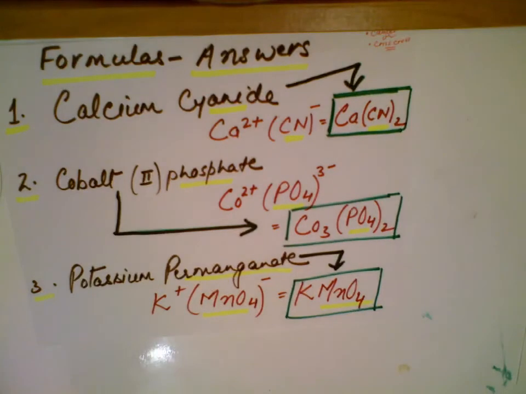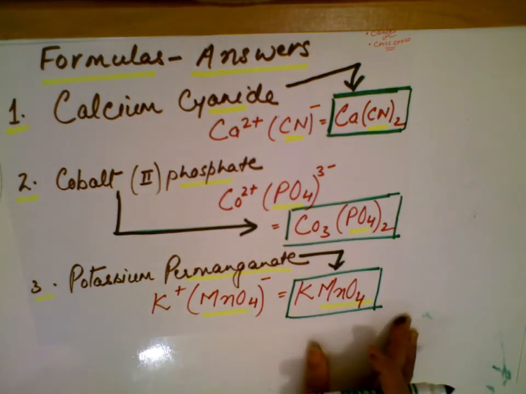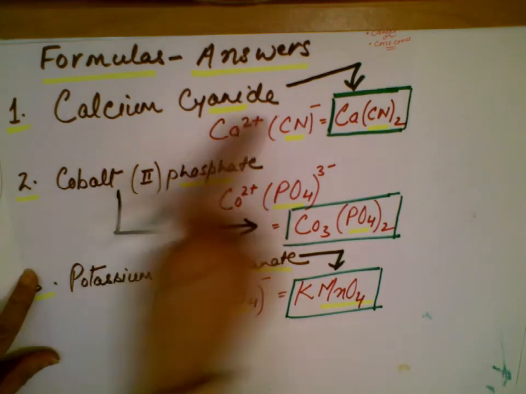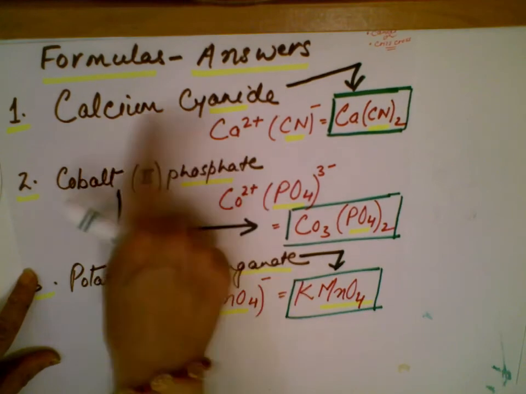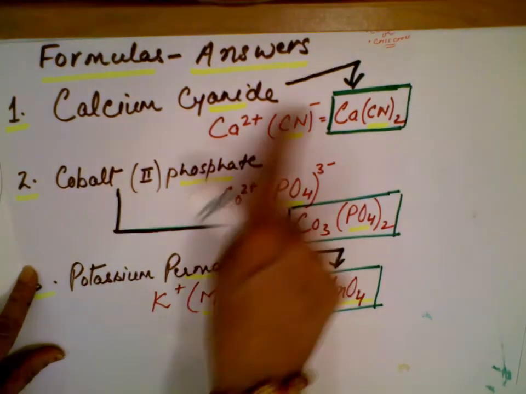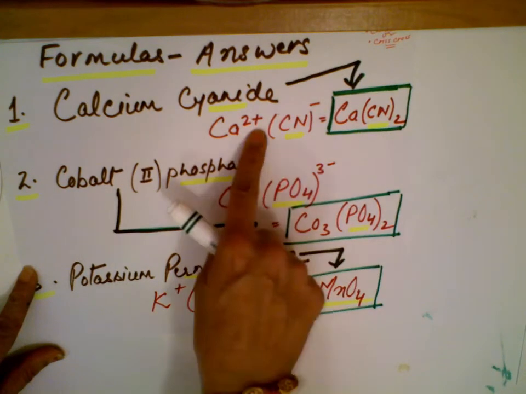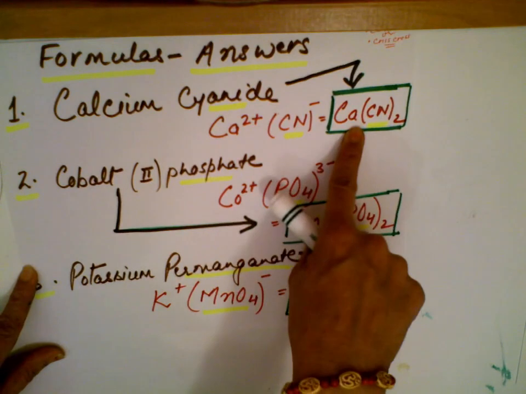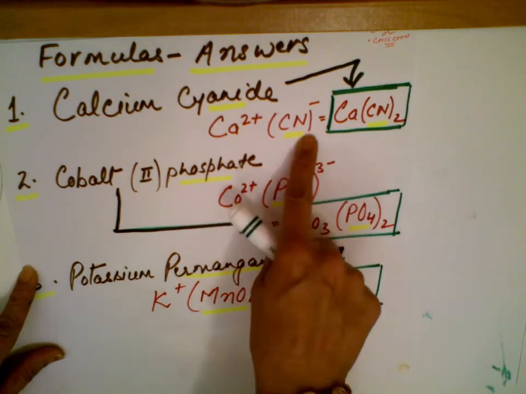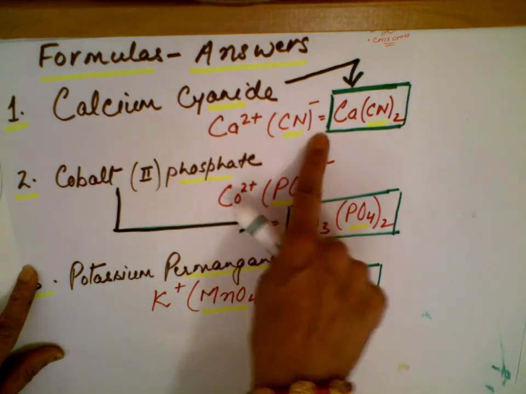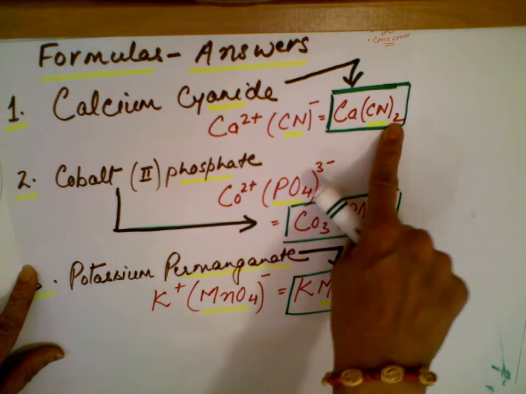If these are the answers you got, you did a great job. Excellent, guys. All you did was look at the valency chart for the symbols of these ions. And if the charges were different, you crisscrossed, like in this case, that's how you got 2 here and 1 here. The most important thing is, remember, when you're crisscrossing, those numbers from superscript, when they become subscript, they have to be outside parentheses.